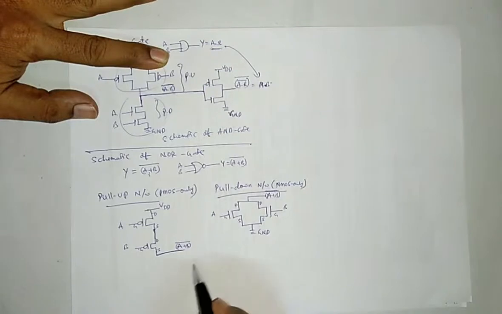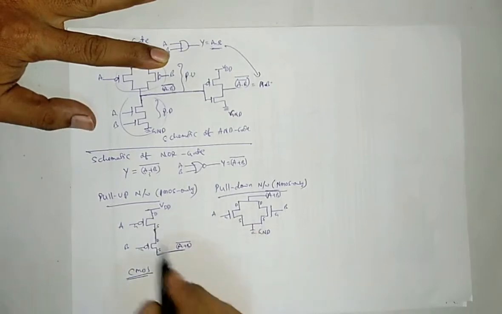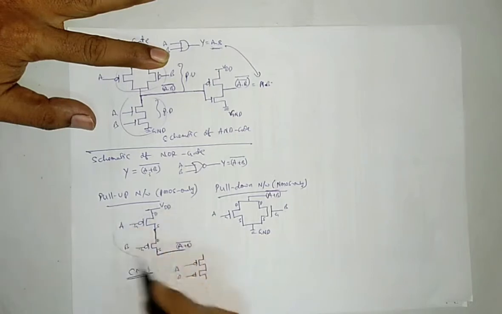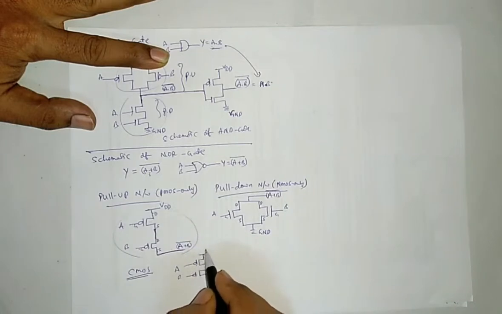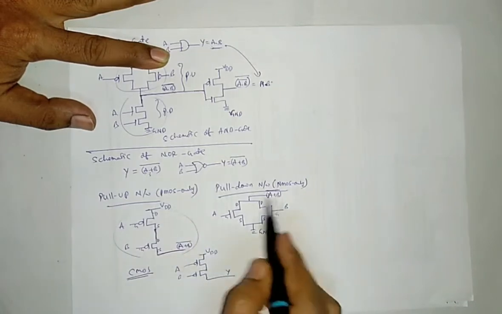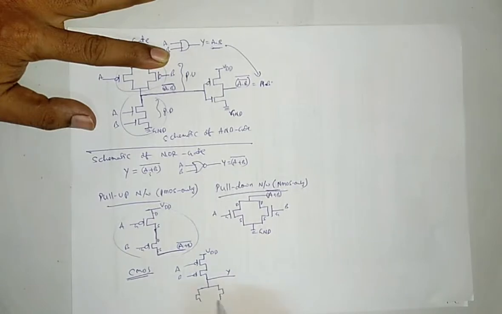Now you have to club these 2, pull-up and pull-down. Nothing but CMOS, pull-up plus pull-down. You have to club these 2 networks. That is the pull-up network, this one, VDD to output Y, and the pull-down network, that is output to ground, NMOS transistors in parallel.